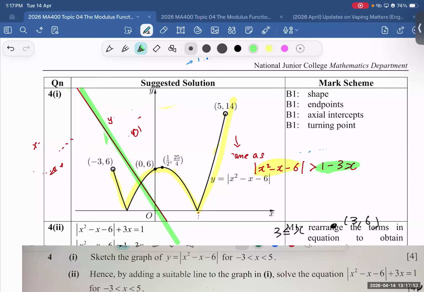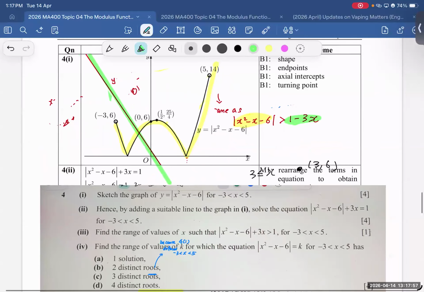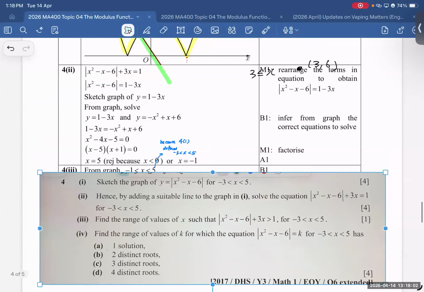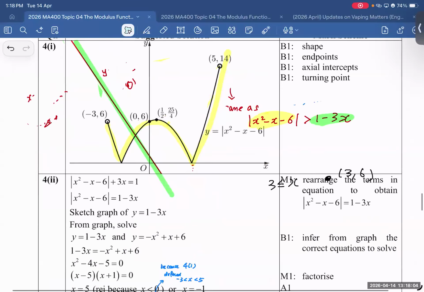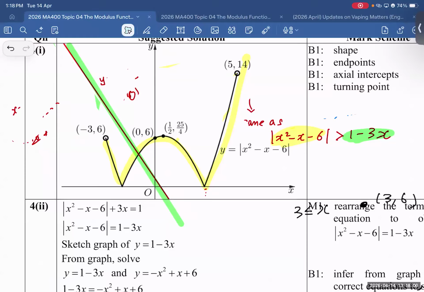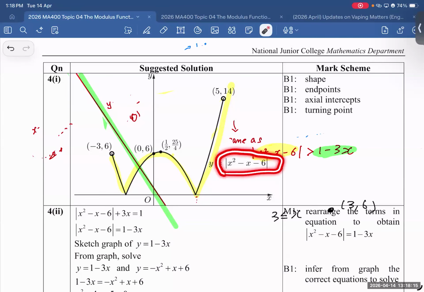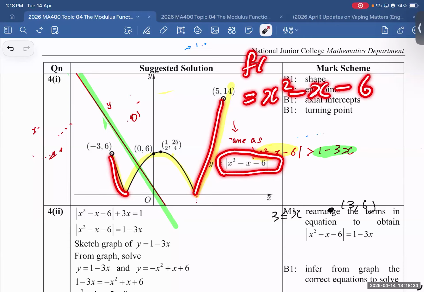Why I picked the negative? Oh, good question. Yes, I missed this out. If you see, this portion, the modulus is equal to x squared minus x minus 6 because f(x) is more than 0.